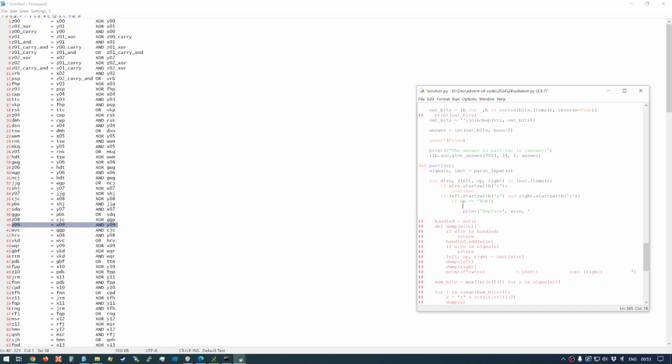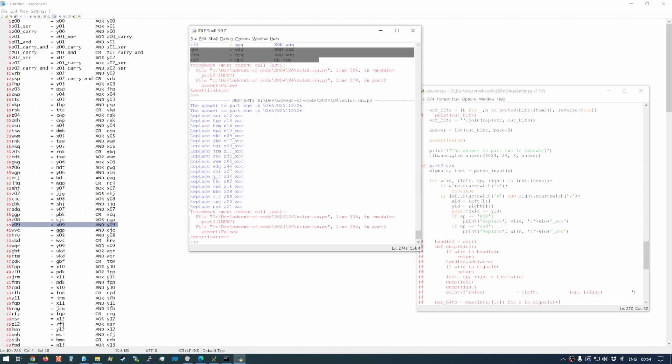And this will be z plus xid, xor. To assert false.